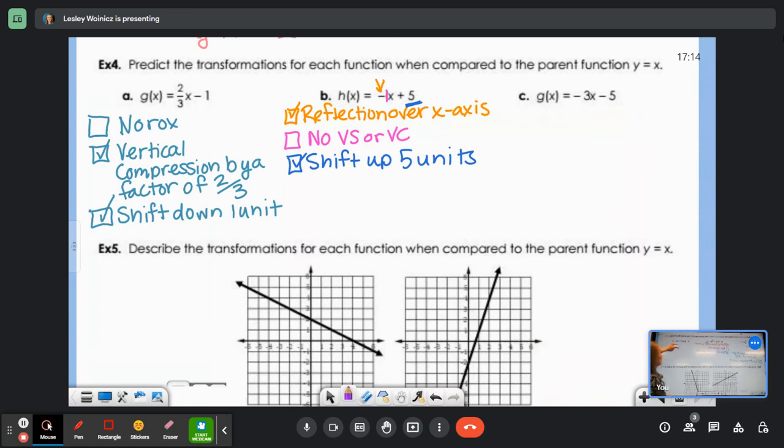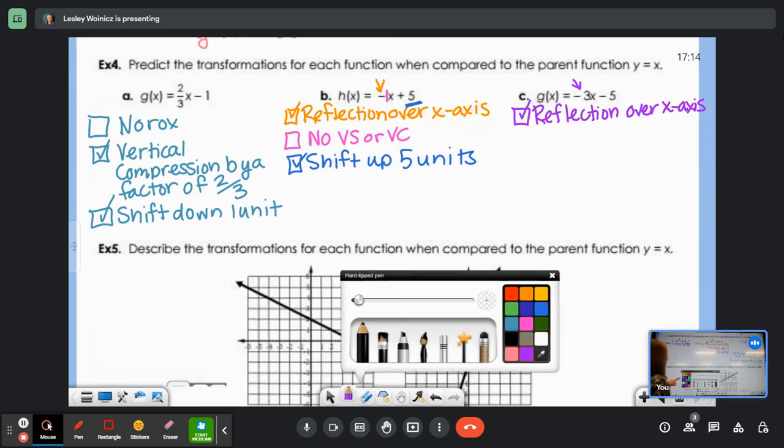Okie dokie, last one for this part, at least. So I have a negative slope again. So that means another reflection over the x-axis. Now, this time I have a negative 3.